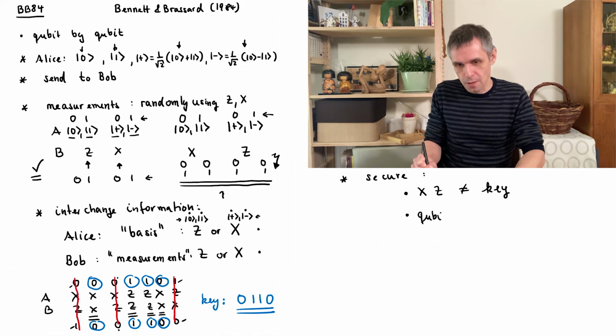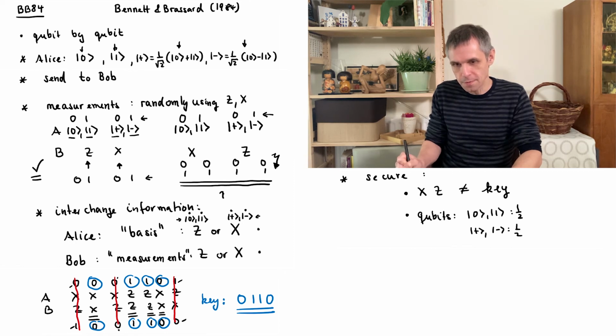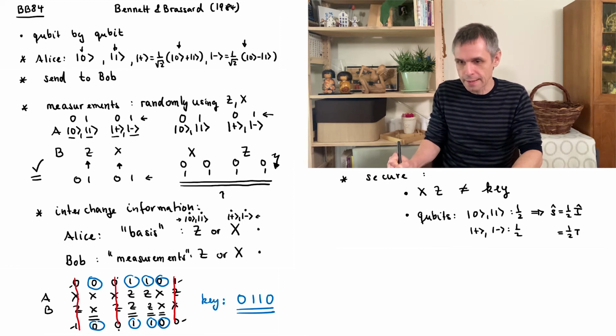But for each of these quantum bits, you might have these two states 0 and 1 with equal probabilities 1/2, or you might have these two states, again with equal probabilities 1/2. And each of these cases separately just gives you a reduced density matrix of the same form, namely the form that does not carry any information.